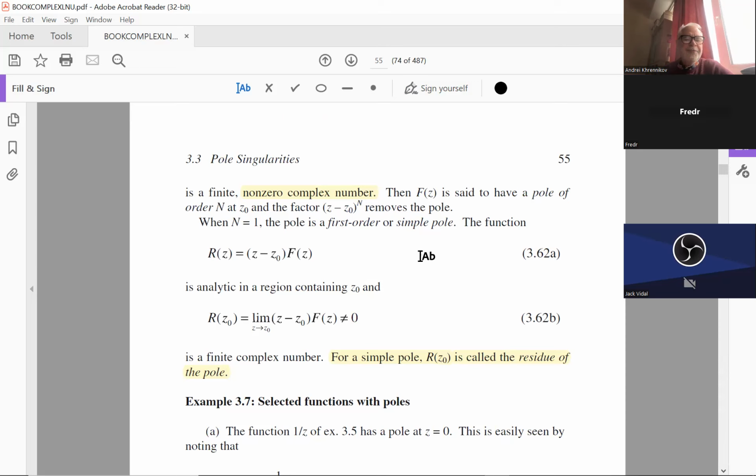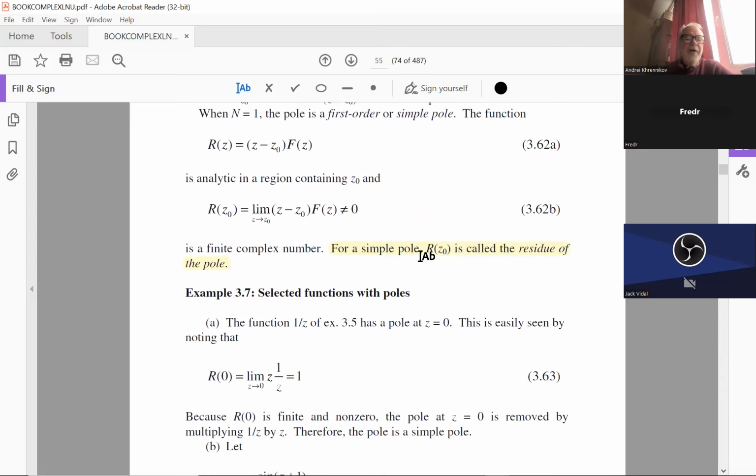Okay, so this limit, which was considered on the page before, is called the residue. The notion of residue you should remember. You have a pole of the first order, or simple pole, and to remove this pole it is enough to multiply by z minus z0, and then this limit of our function is already non-zero.